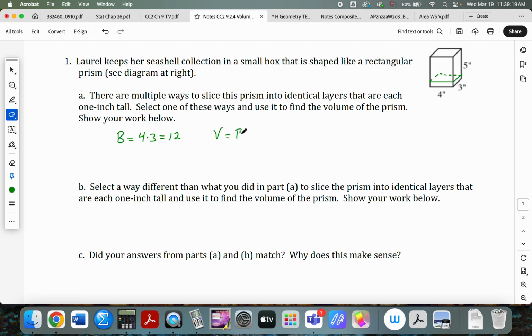Then the volume is the area of the base times the height of the prism, 12 times 5 is 60. And those marks where it looks almost like a quotation mark, where it has the two little marks, that's inches. So this would be cubic inches.